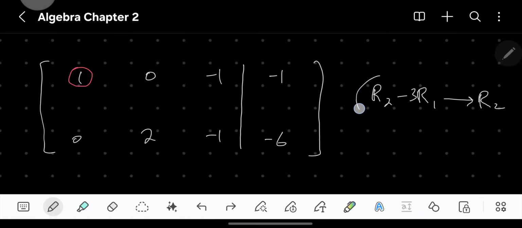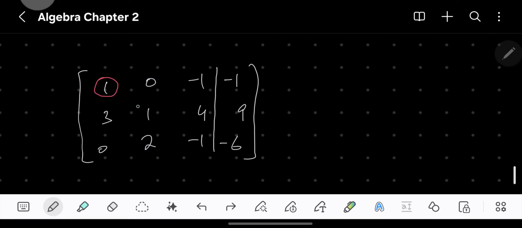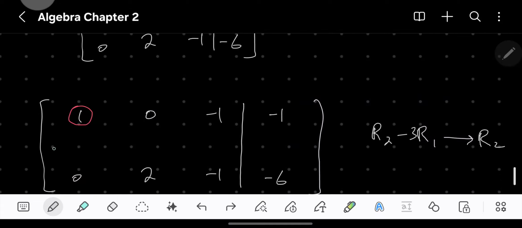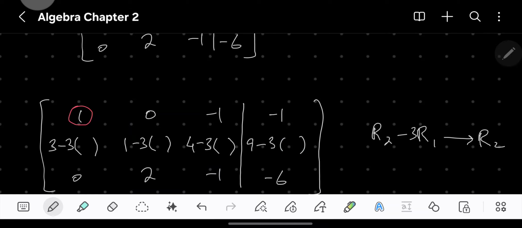So what are the changes? I will write R2 first. What is R2? 3, 1, 4, 9. I will write 3, 1, 4, 9. Then minus 3 times R1, so I will write minus 3 everywhere, times something, times something, times something, times something.